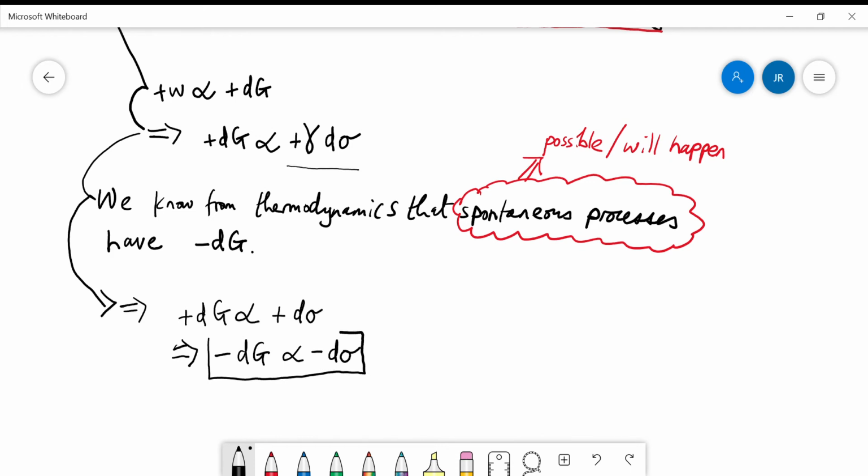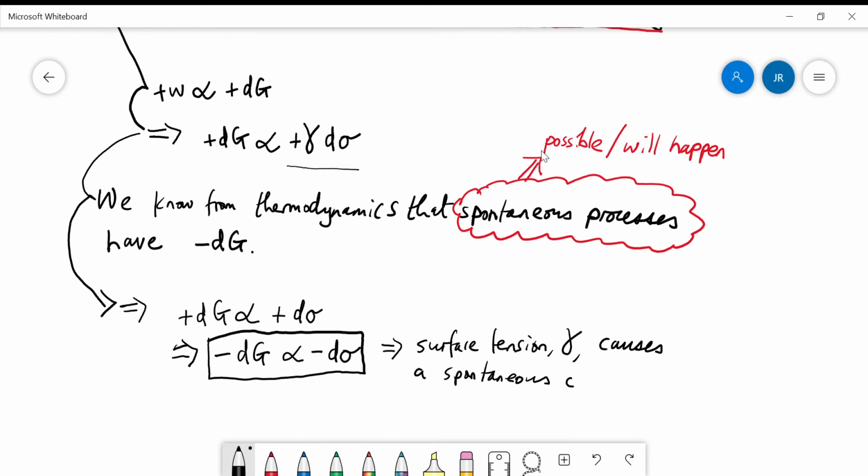So if we look at this expression here, what we've learned is that this is the spontaneous change. So we can say that surface tension gamma causes a spontaneous contraction.